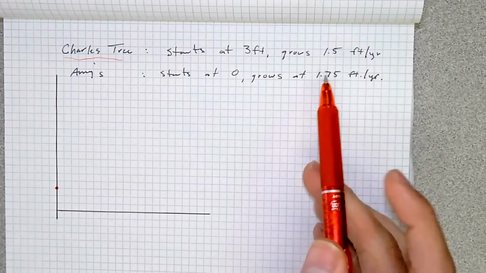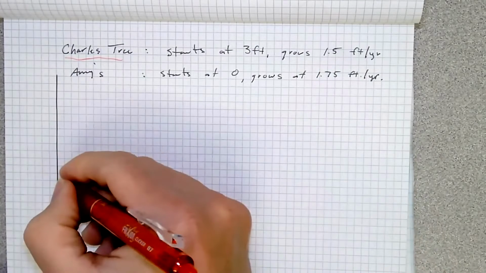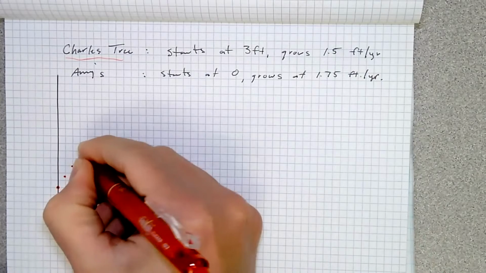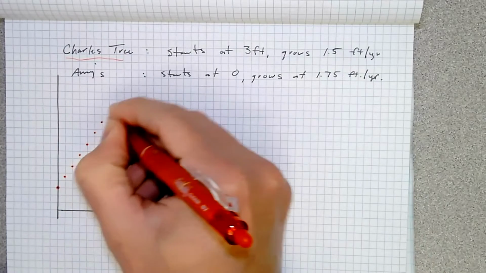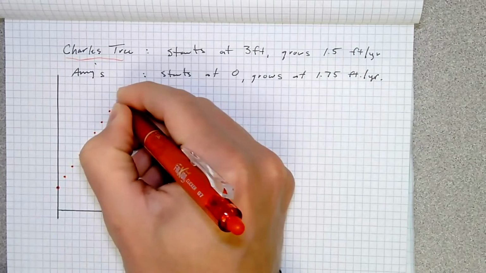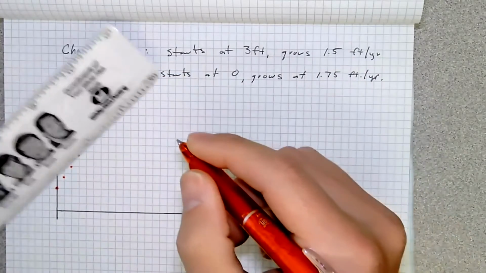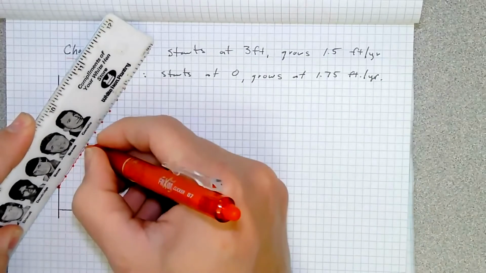So the issue with this is that we're dealing with decimals. So when we're growing 1.5 feet per year, the half, not so difficult. So we get something that kind of looks like this.